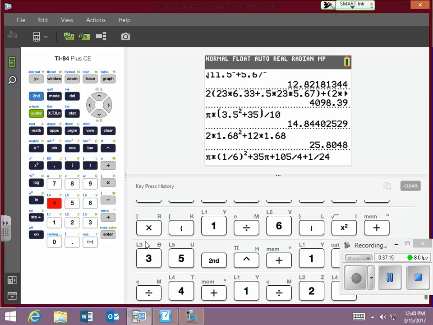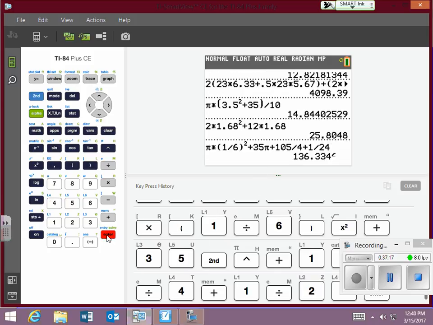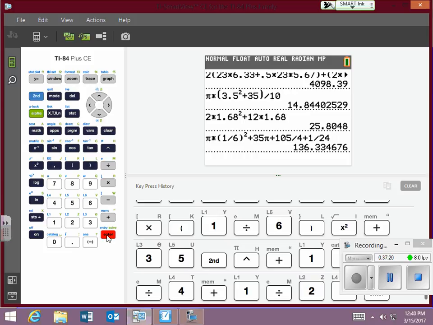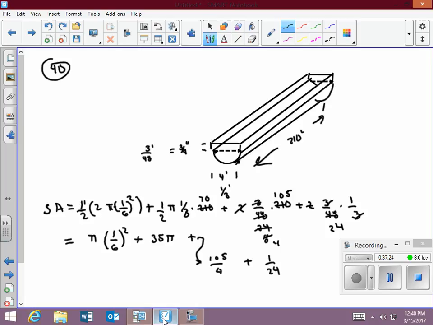Okay. 136.3. And this is all in feet, right?